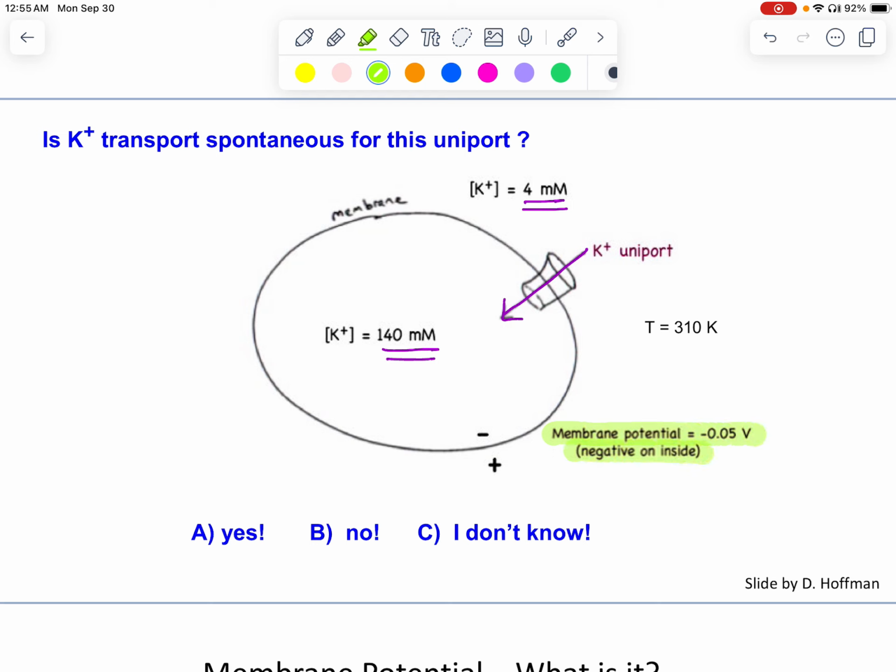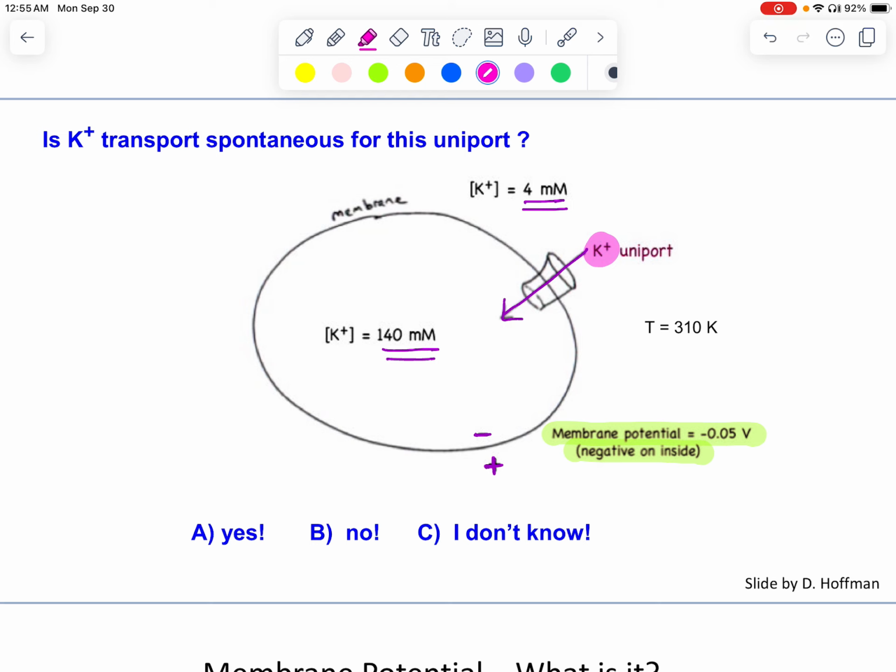There is a membrane potential. And when I look at this membrane potential, it tells me that there is a differential in charge on the two sides of the membrane. We see we've got a positive charge on the outside and negative charge on the inside. Thinking about that membrane potential, would you expect this potassium to be attracted to a negative charge? Yes, absolutely. So now I've got a problem.